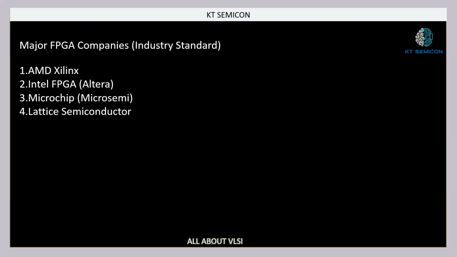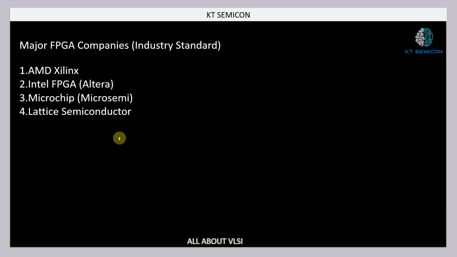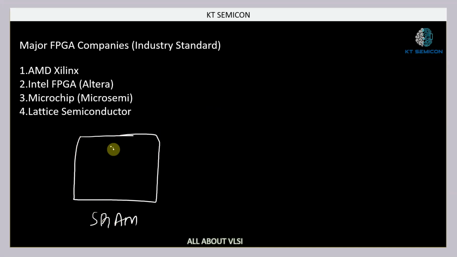Now let us start our discussion about the major FPGA companies. I got this query: can you please repeat SRAM versus flash based? Basically, if you are working with SRAM based FPGAs and you have stored some configuration data inside the FPGA, when you remove the power, the data stored inside the SRAM based FPGA will also be erased.